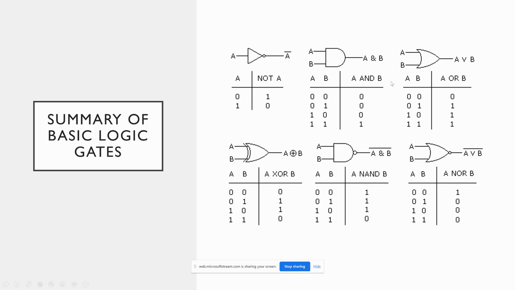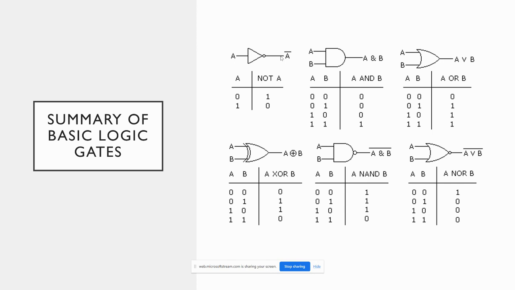Let's have a look at the summary of basic logic gates, as well as understanding the shapes, the diagrams of the actual gates. We also need to understand the expressions. For example, A, as you can see here, is the input. For NOT A, we put a line on top of it to represent NOT, or sometimes we put a comma at the top.